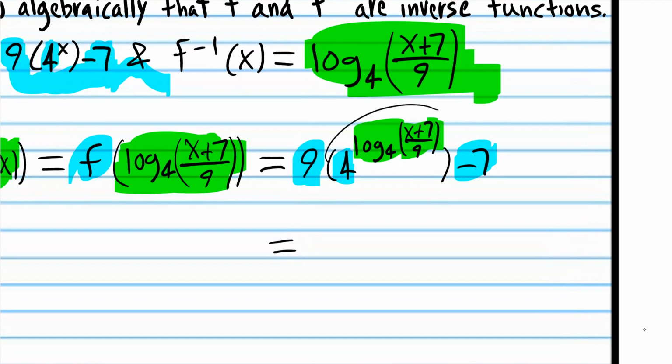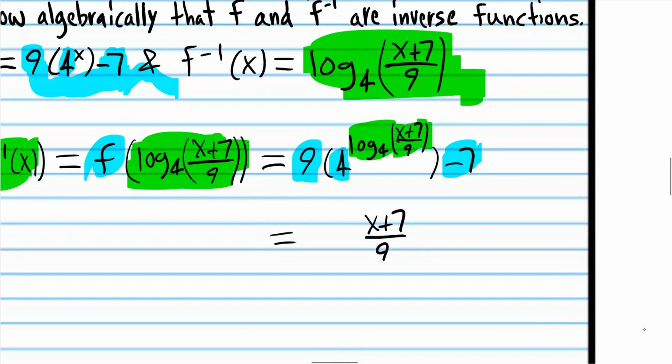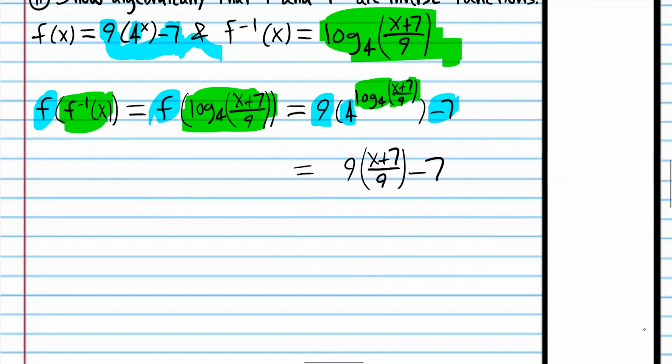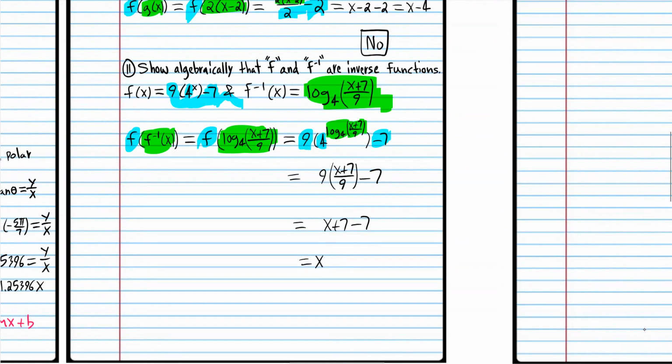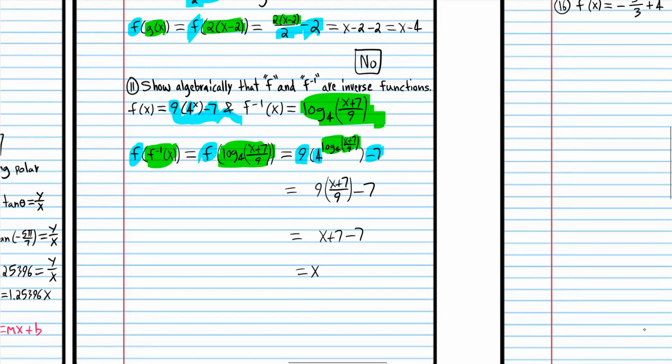So this entire expression here becomes x plus 7 over 9, and the logarithm just disappears. So now we're multiplying, but these 9s cancel out. And not only do the 9s cancel out, but the 7s cancel out, so we got x. So what does that prove? It proves that they're inverse functions.